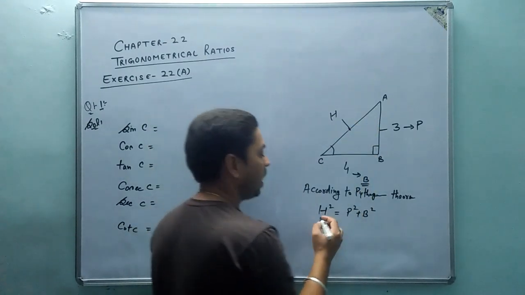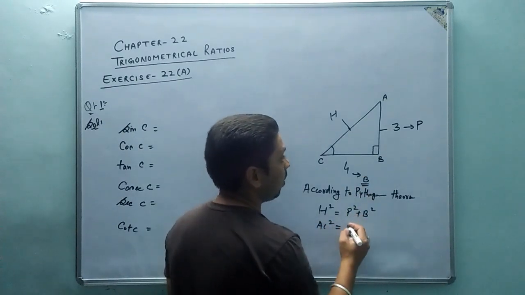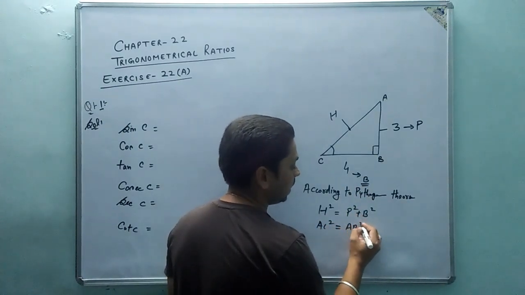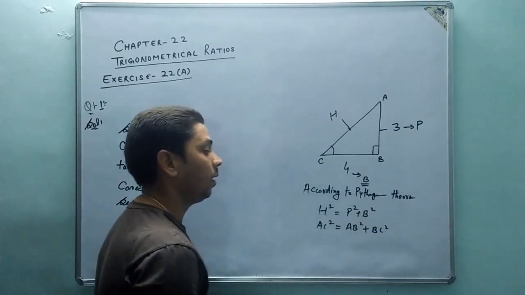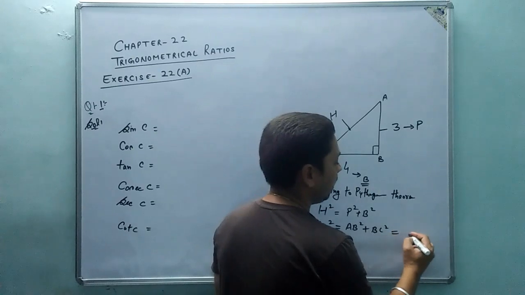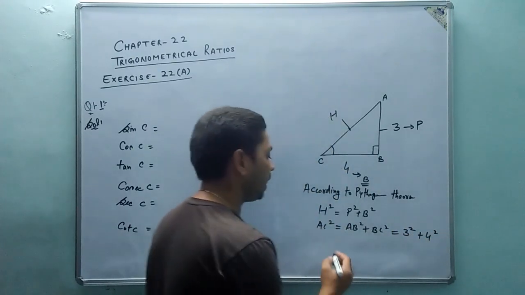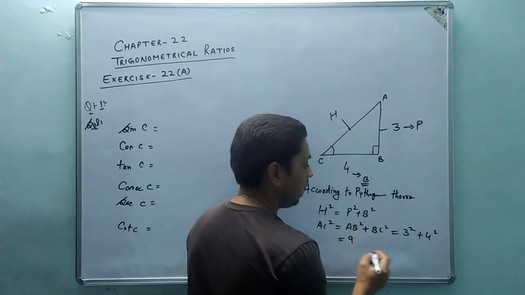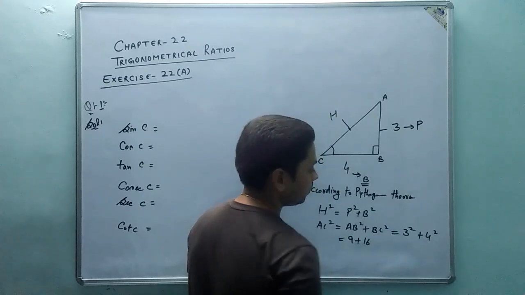What is hypotenuse? Hypotenuse is AC square, that is equal to perpendicular, now it is AB square plus BC square. Base is here. So we can write it as 3 square plus 4 square. 3 square is 9 and 4 square is 16.